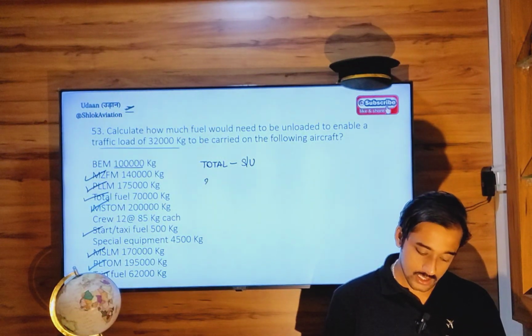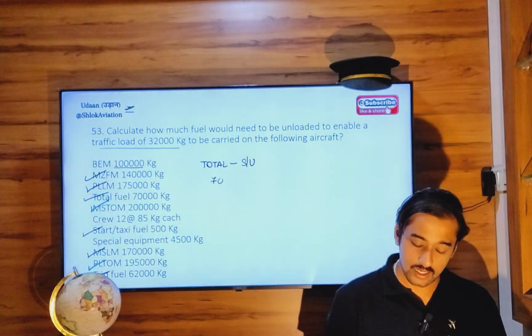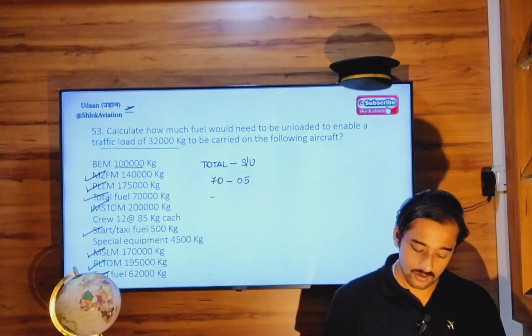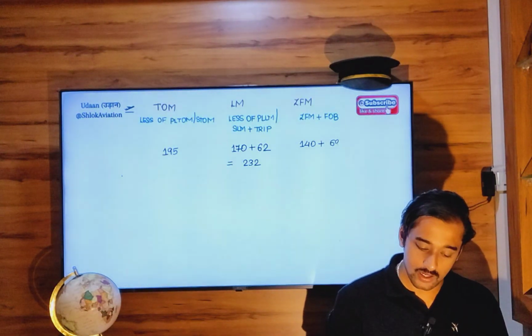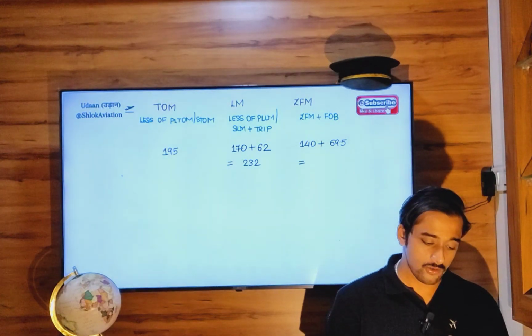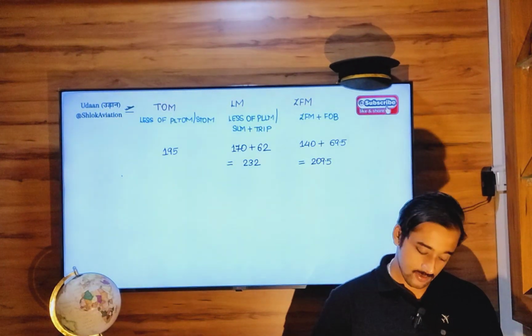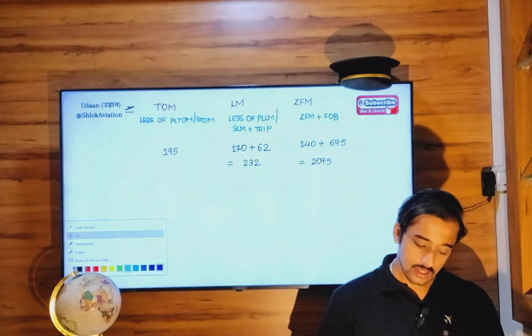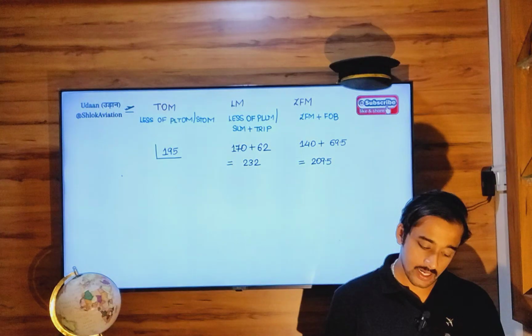So total is 70,000 minus startup taxi 0.5, 69.5. So write 69.5 here. Now 140 plus 69.5 is 209.5. Now out of these three takeoff values, the one which is the least becomes the regulated takeoff mass.